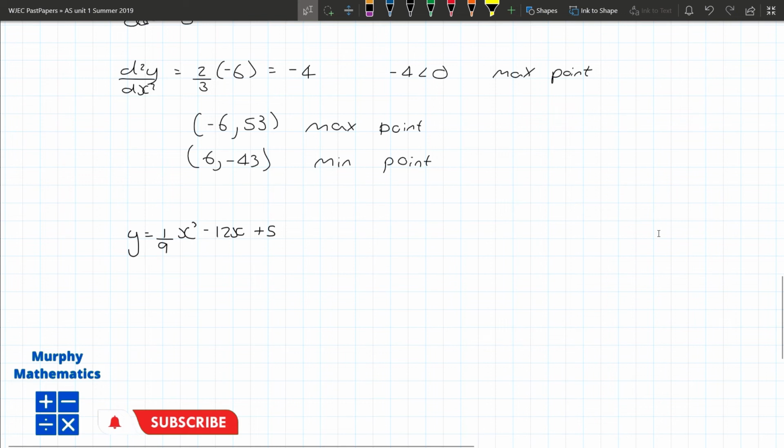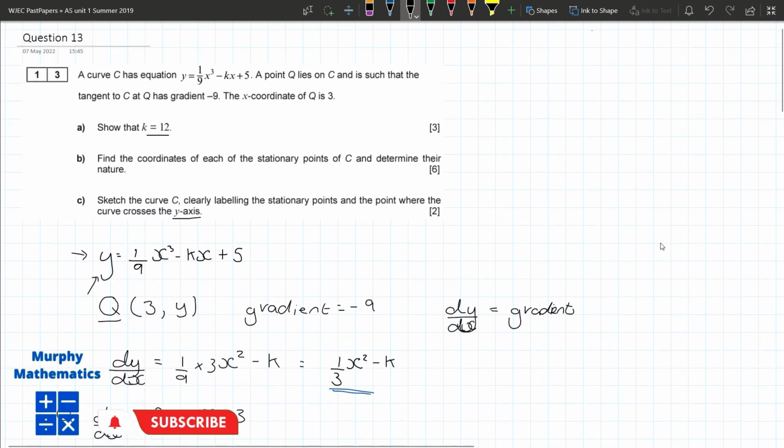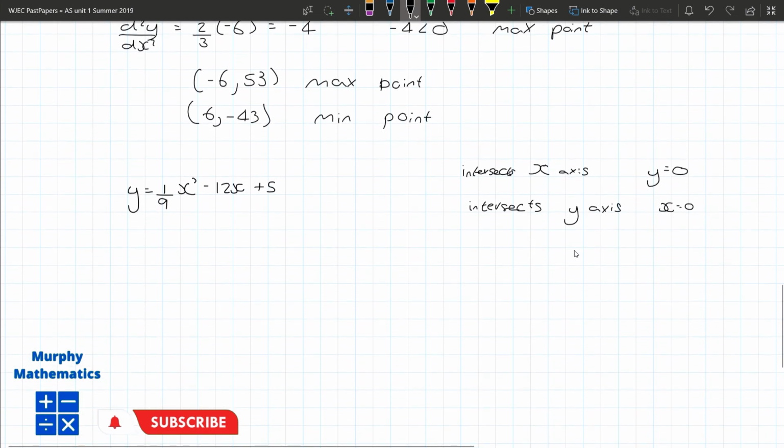Okay, so we know if the line intersects the x-axis, we're looking for y equals 0, but if it intersects the y-axis, we're looking for x equals 0. Okay, and we were asked to find intersecting that y-axis, right? Yeah. So that's when x equals 0.